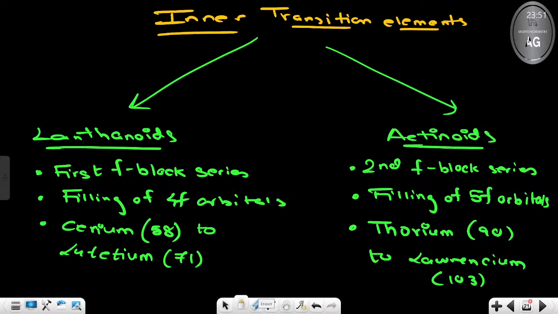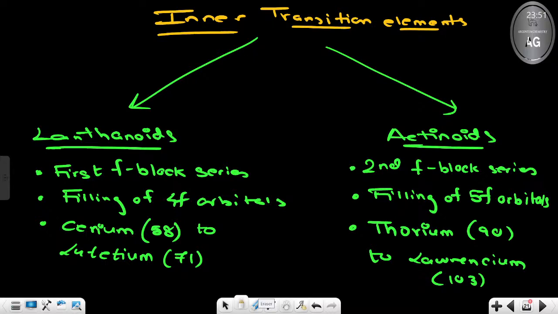Clear? The first F series is lanthanoids, the second F series is actinoids.